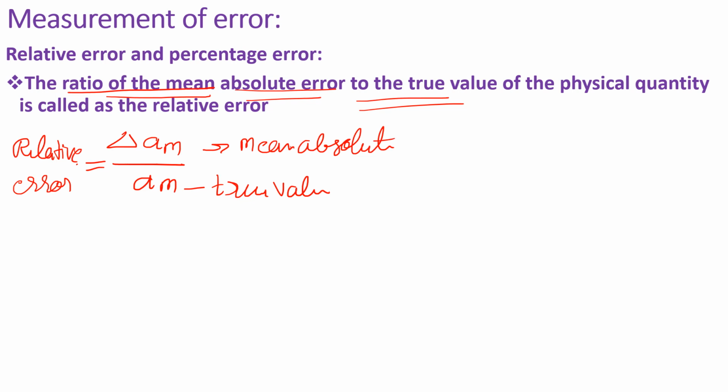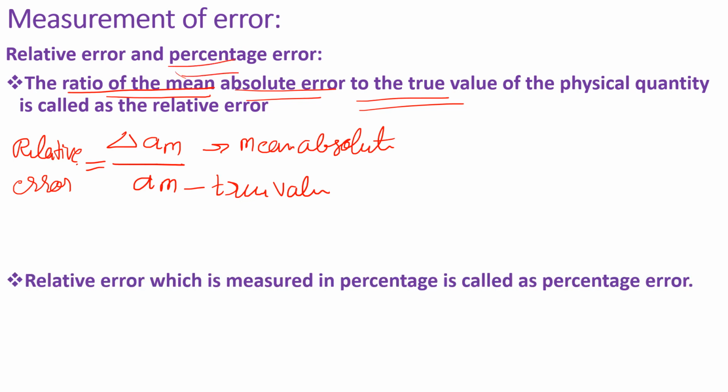And what is the next error? That is the percentage error. So what is percentage error? Relative error which is measured in percentage is called percentage error. How to write it? I can write it in words as well as in symbolic form.